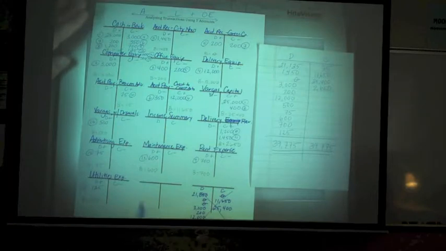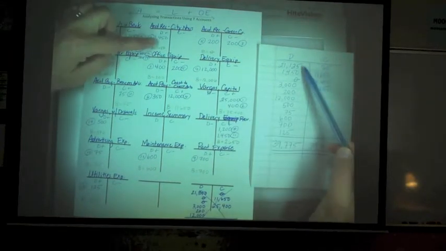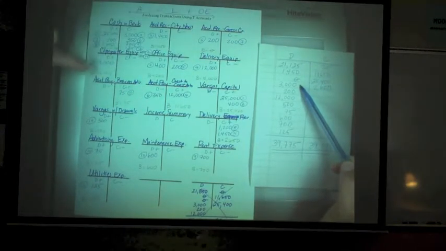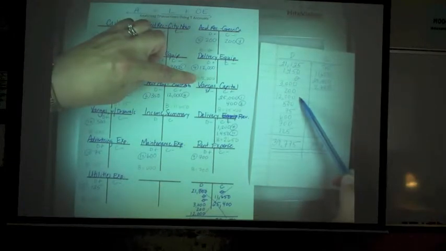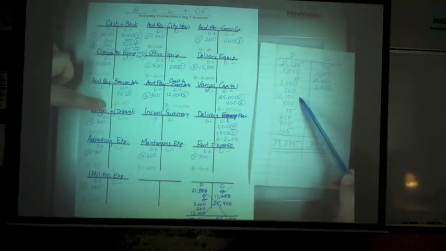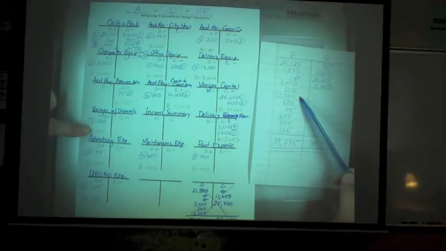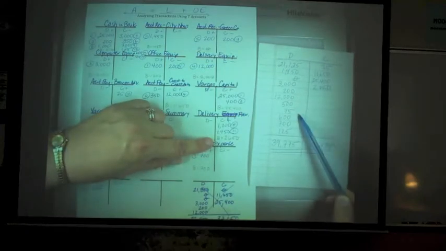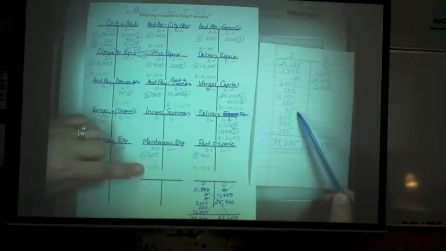I took cash in bank, accounts receivable Green Company, computer equipment, office equipment, delivery equipment. I skipped these three and came down to Vargas withdrawals with 500. Revenue I skipped and I came down to advertising expense for 75.